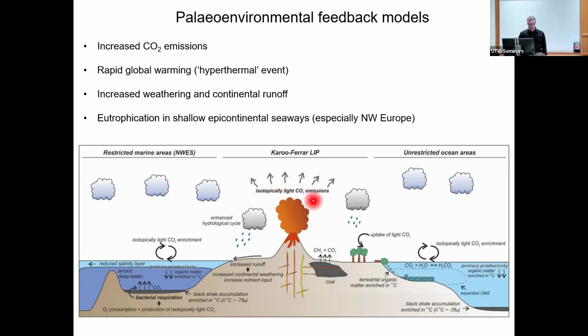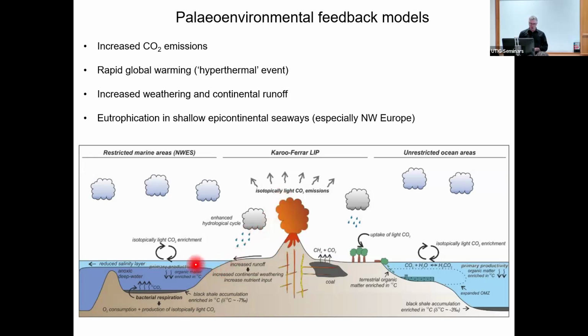So in this model here, the isotopically light carbon dioxide is coming out of volcanoes, but also there could be some light carbon which is being released through igneous intrusions into coal deposits at the time. So this light carbon, this CO2, being pumped into the atmosphere over hundreds of thousands of years during the large igneous province, would have caused global warming, and that would have caused a whole series of cascading events.